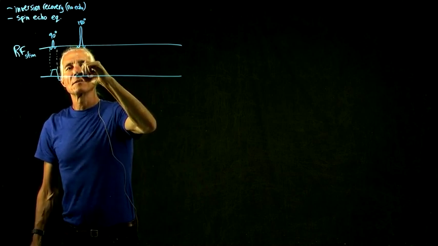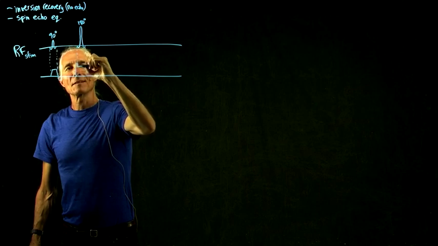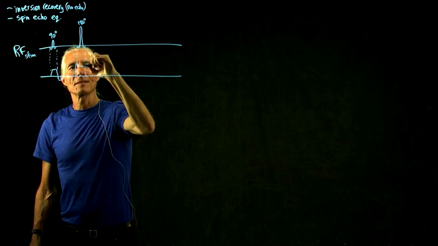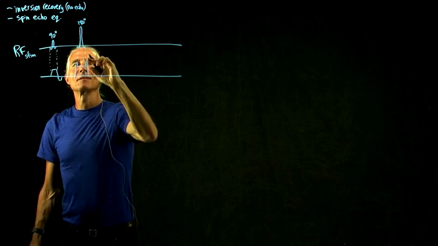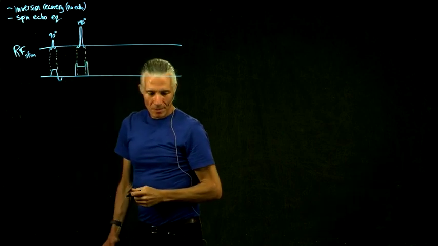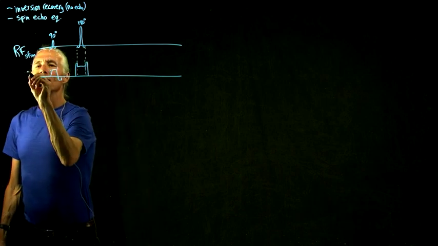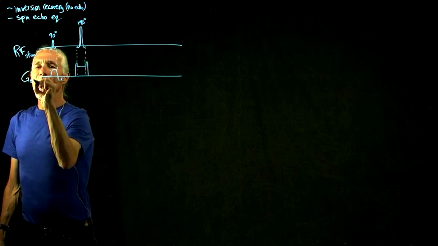So here's what that slice select pulse looks like. It's kind of a funky little one. We'll explain that later. So this is what we do for the Z gradient.